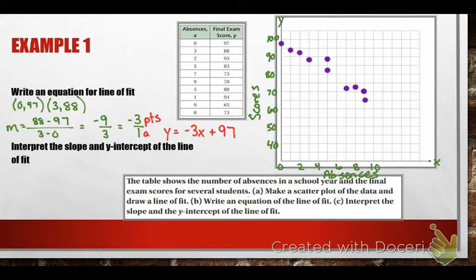Absence. Per 1 absence. So I put ABS for absence. Now I'm going to put that into a sentence. I can expect or predict the score to decrease, or I said drop, same thing, 3 points per absence.